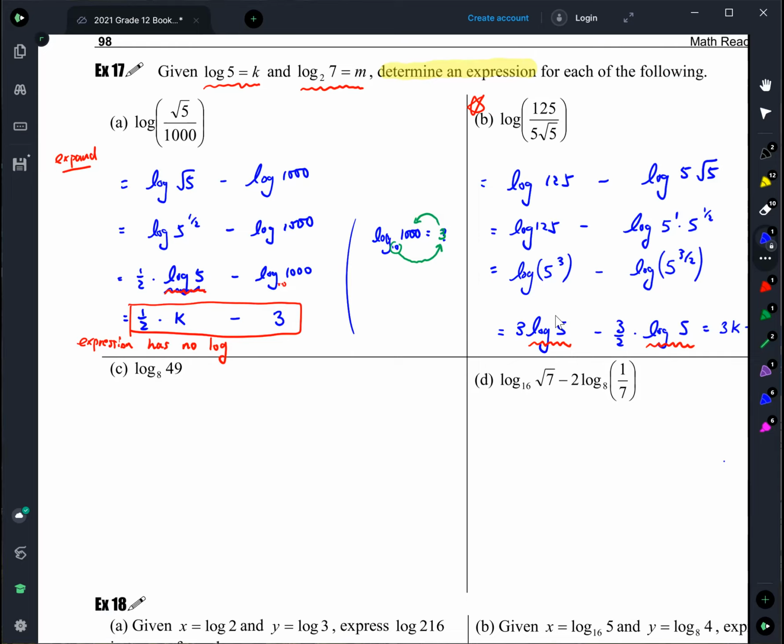This question C has to do with the k or the n? The m. How do you know that? Because I feel like 49 is connected to 7 in a way. 2 and 8 are somehow connected, but I'm not sure how it's connected.